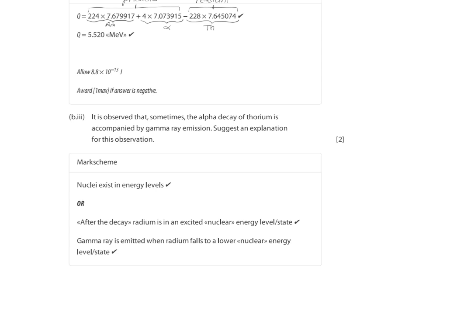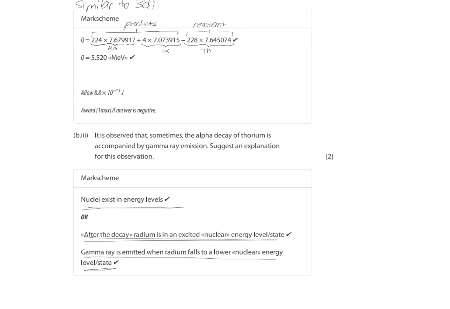Okay, we have BIII. It says, observe that sometimes alpha decay of thorium is accompanied by gamma ray emission. Suggest an explanation for this observation. Well, gamma ray only happens in one way, and that's when the nuclei exist in energy levels, and if the radium is excited after that reaction, then the radium will lose that excitation by emitting pure, massless energy in the form of light or gamma radiation.